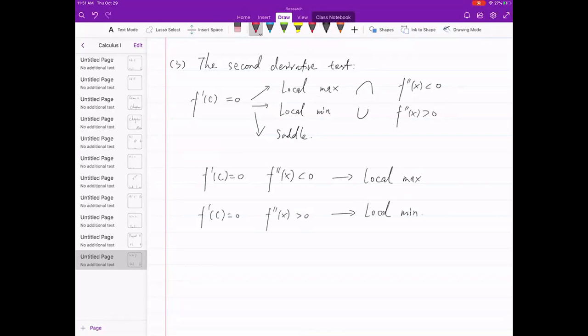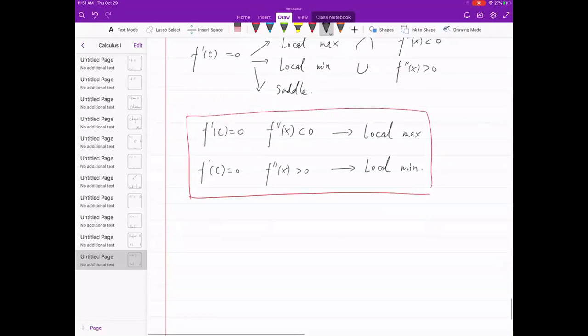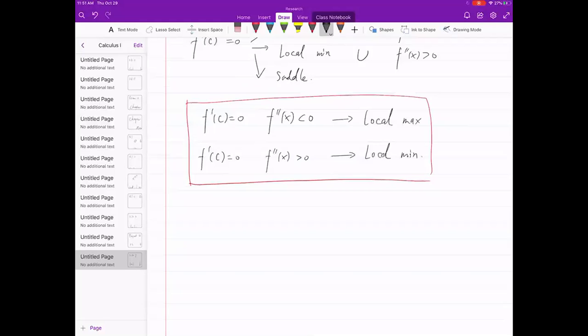That is called the second derivative test. So now you have 2 ways of testing for a local maximum. First way, try this. Second way, try this. They do the same thing.